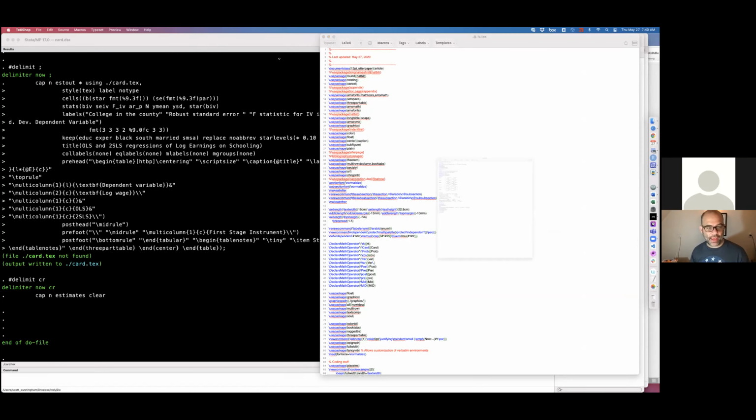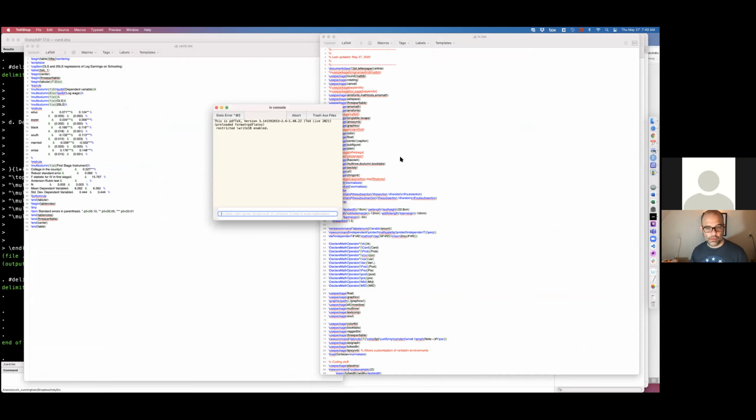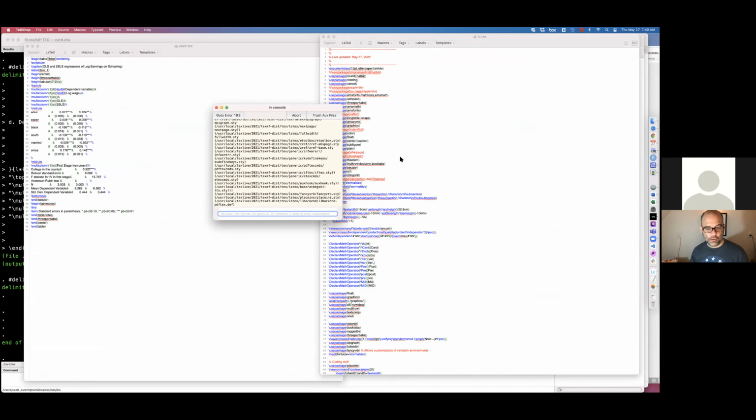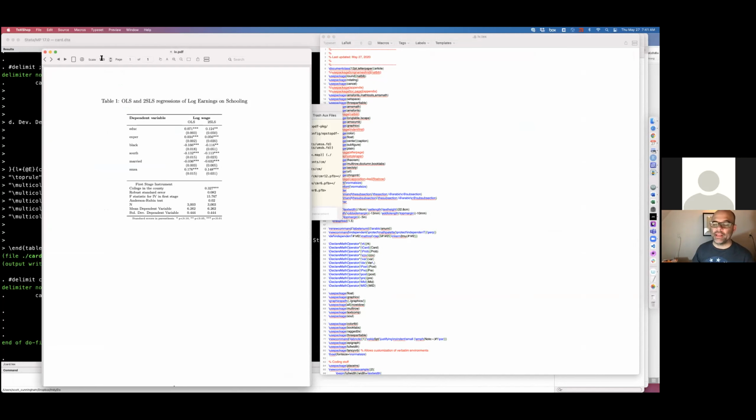Okay, ran that. It produced this table. Well, let's run it. And it made this beautiful table for me, right? I never had to actually manipulate anything. So I have example code of how to make a beautiful table in Stata. I don't have it in R, but I do have it in Stata.